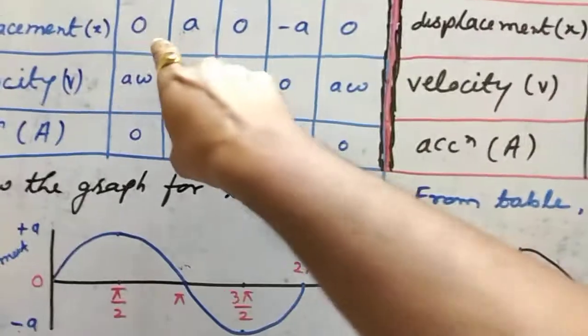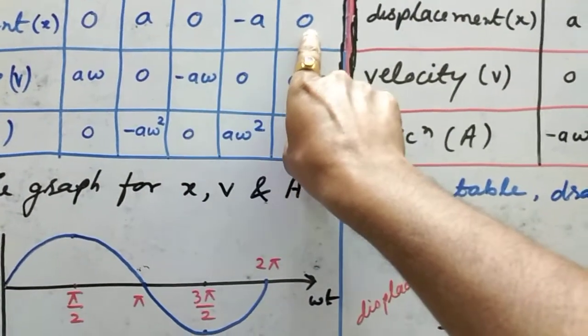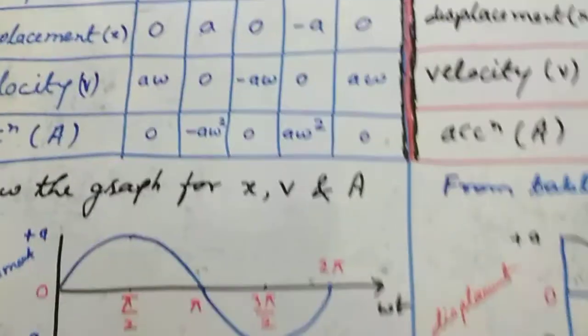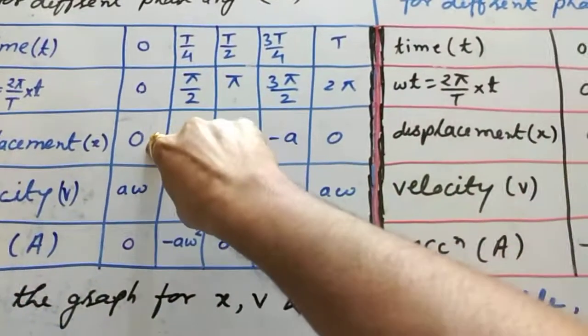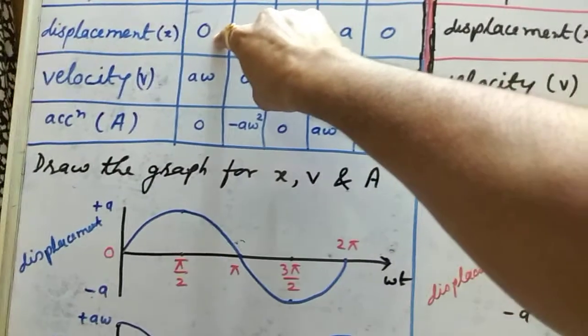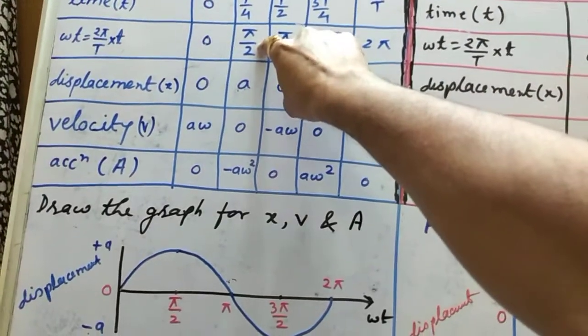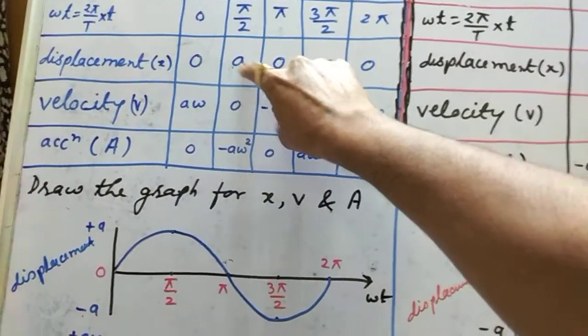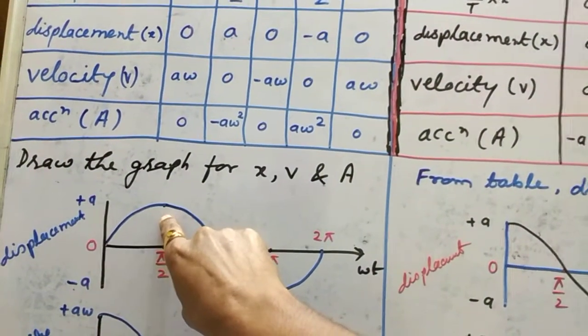Initially the displacement goes 0, a, 0, minus a, 0 for particular phase angles. So in the graph, for 0 angle the displacement is 0. For pi by 2 angle the amplitude is maximum.